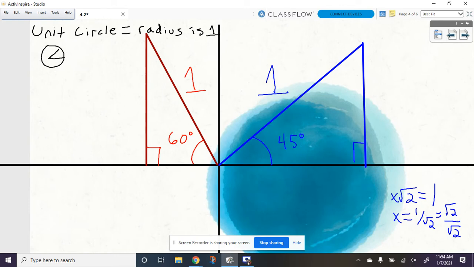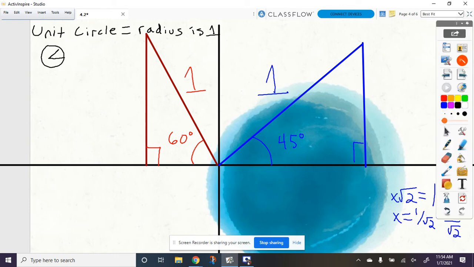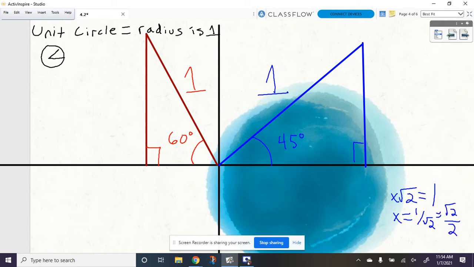So the bottom should just be 2. And remember that our formulas were that both of these sides are the same. So both of these are going to be the square root of 2 over 2. So far, so good?